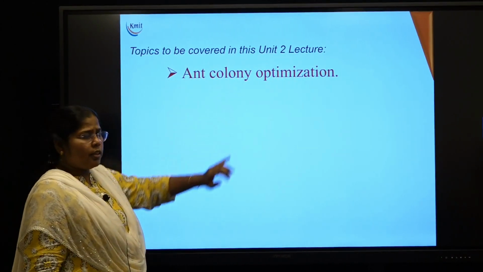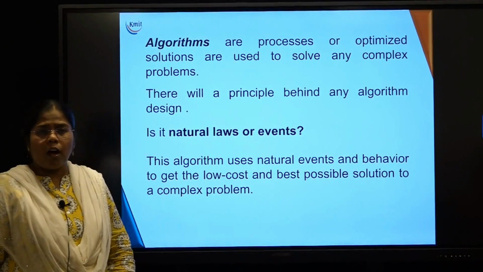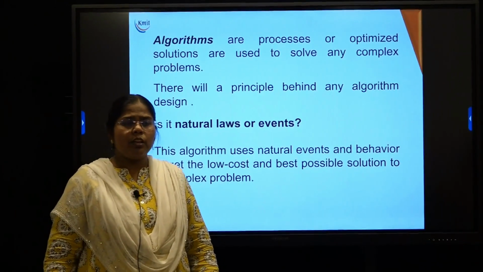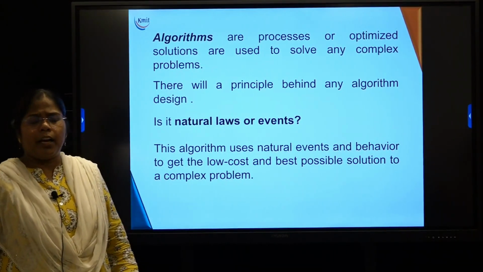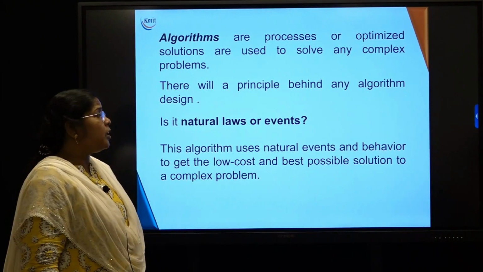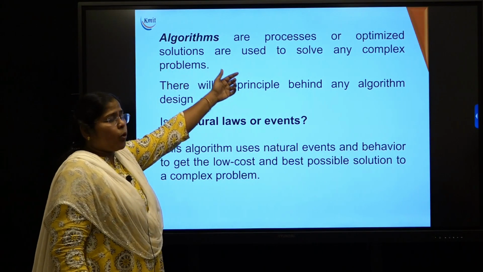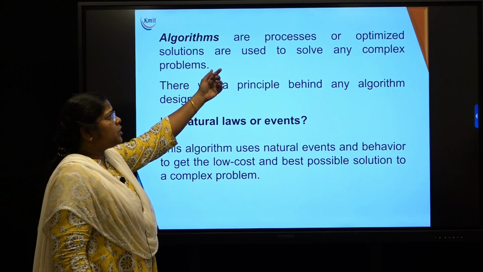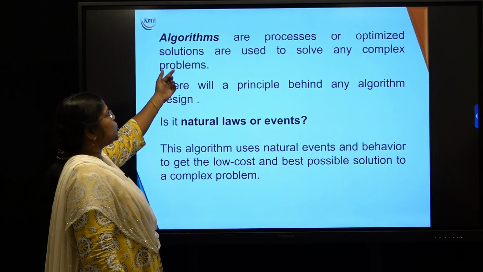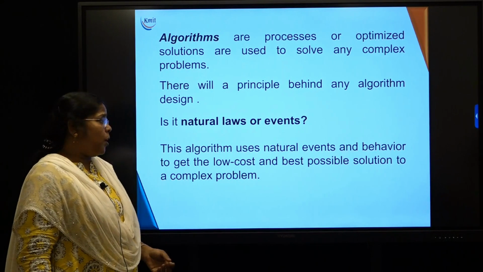So, coming to ant colony optimization, as we know, any optimization technique uses algorithms. So, what is an algorithm? Algorithms are processes or optimized solutions which are used to solve a complex problem.